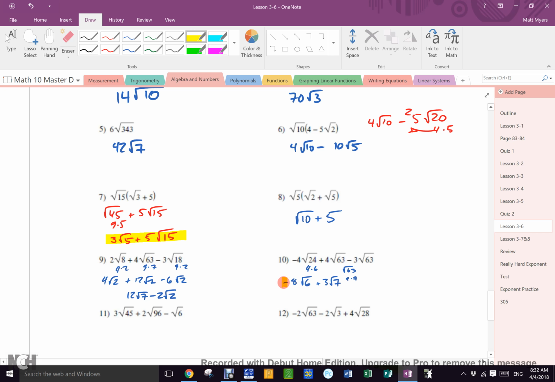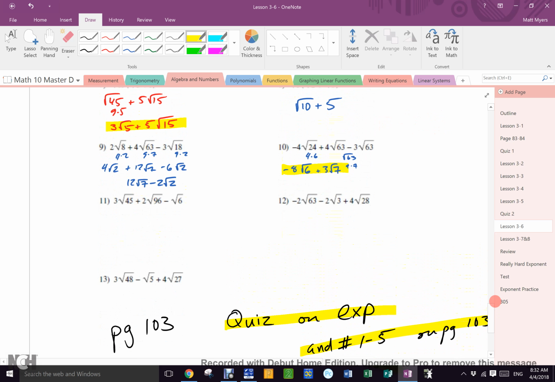And that's that answer. 45, 9 times 5, so it's 3 root 5, plus 96 is 16 times 6, so that's 8 root 6 minus root 6, 3 root 5 plus 7 root 6.